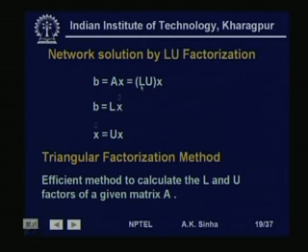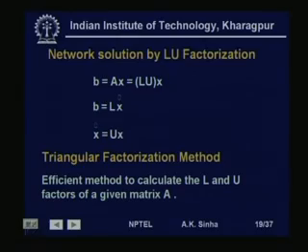So, what we do is we write this as L into U x, and U x we are writing as x hat, because we will be working on an upper triangular matrix with x, and this will give us again a column vector x hat, where x hat will be equal to U x. So, this is what we need to do.